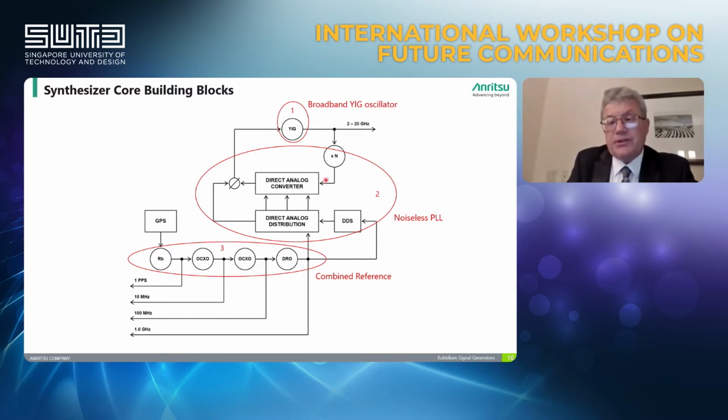Rather, we use a direct analog converter, which is a chain of mixers. As a result, we have no phase noise degradation because there is no divider. But that's not all. Furthermore, we insert a frequency multiplier inside the loop.